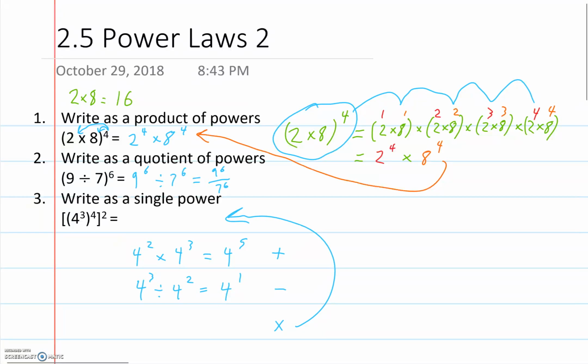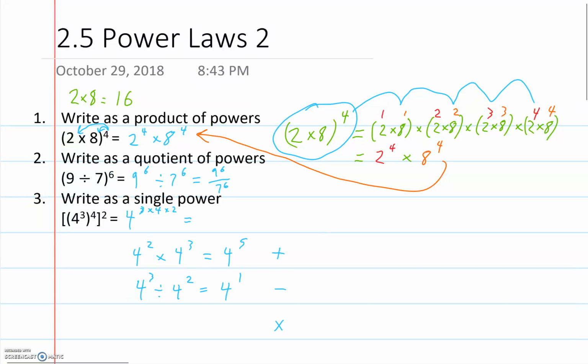If we have a power, an exponent to the exponent, or even just twice, or however many times, we just multiply them. So here, our answer would be 4 to the 3 times 2 times 4.